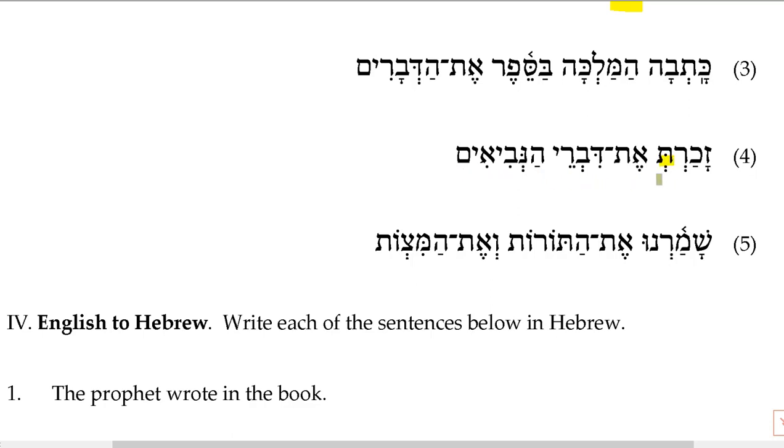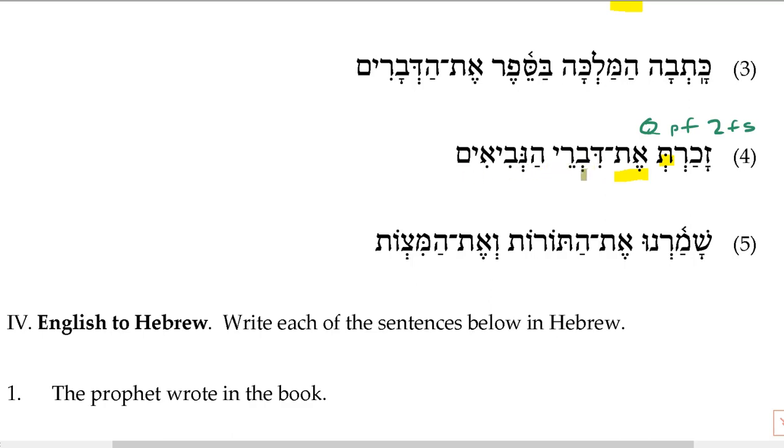The tav with the silent shva is a dead giveaway that we're looking at 2fs, second feminine singular, and the vowels match our Qal, so we have a Qal perfect second feminine singular. Then we have our direct object marker, et.